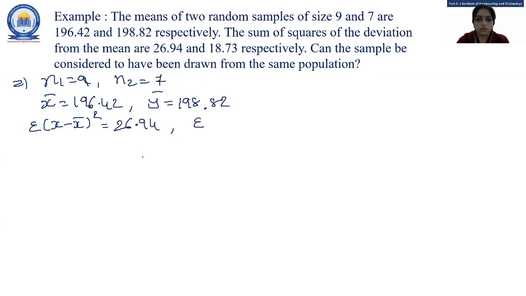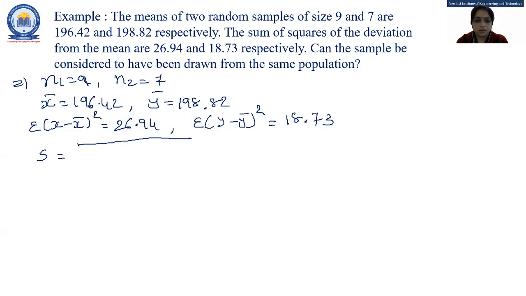Sum of the square of the deviation for the other sample, sigma y minus y bar the whole square, that is 18.73.